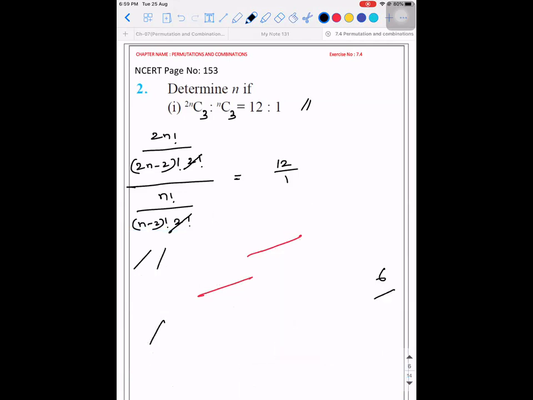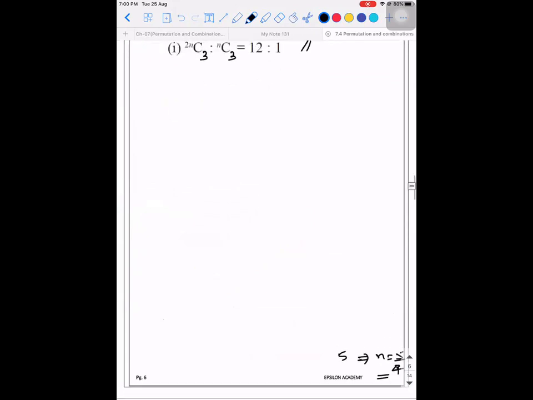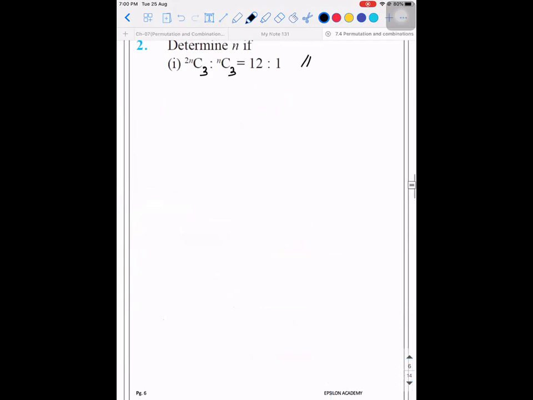So 2nC3 means it is 2n factorial divided by 2n minus 3 factorial into 3 factorial, and nC3 is n factorial by n minus 3 factorial into 3 factorial. This and this will get cancelled, is equal to 12 divided by 1.